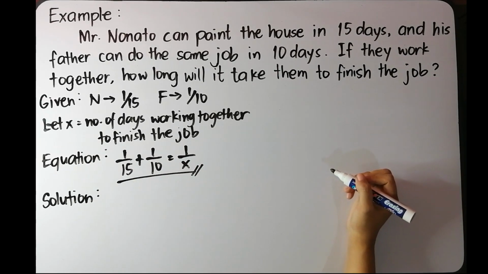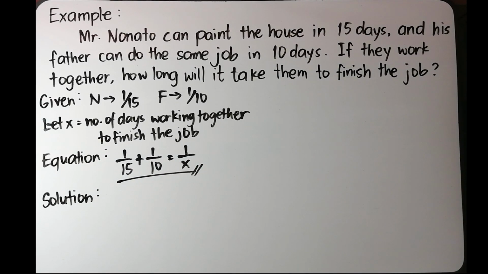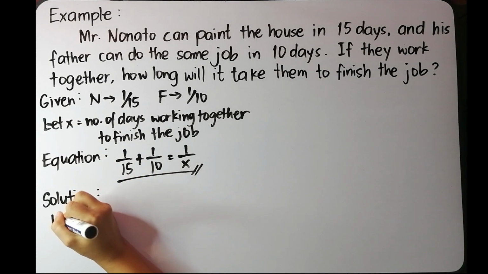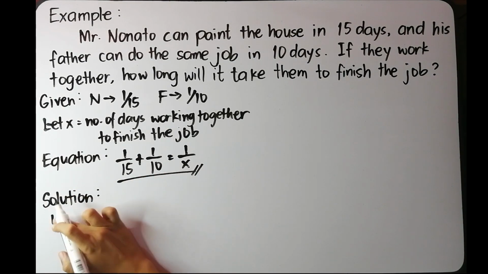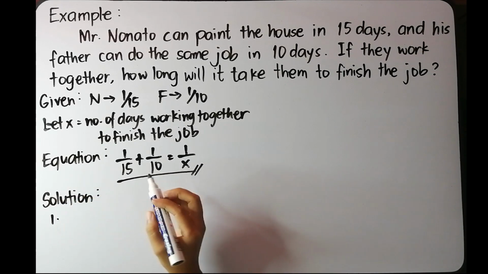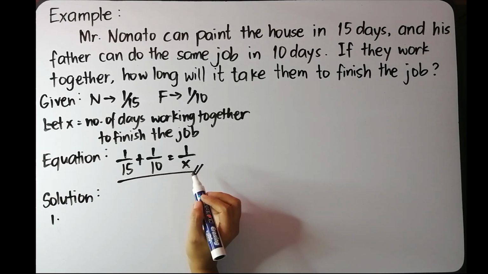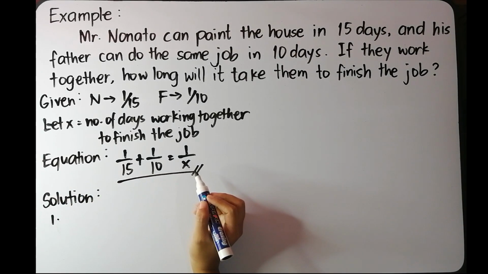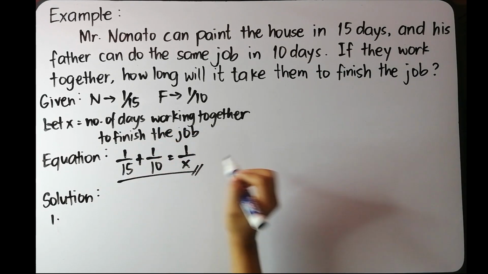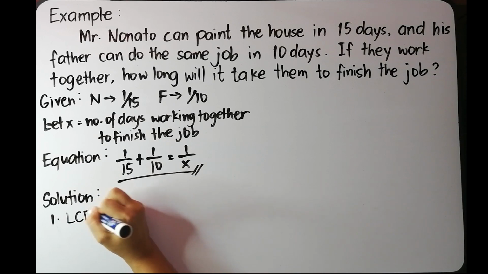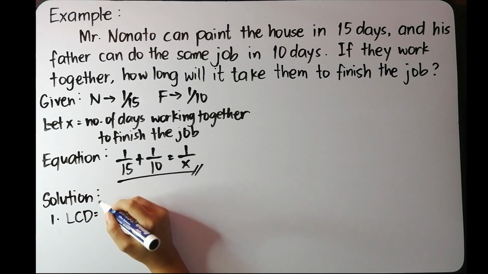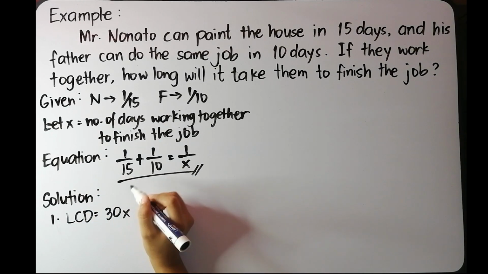So first, let us have the LCD. In order for you to eliminate the denominator, let's get the LCD to multiply it in our rational equation. So the LCD we have is 30x.